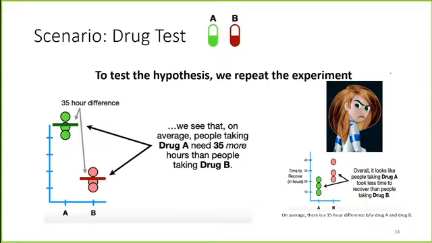To make the investor more confident, let's say this second experiment has results that are totally different. Now, drug B is actually better. What? Drug B is actually better? Let's say it is 35 hours better. Oh, why? What happened? Right? So the first experiment and second experiment actually conflict.